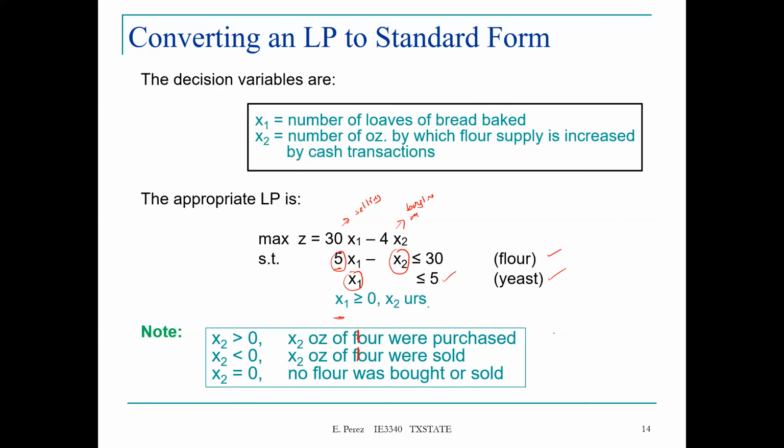Okay, so this decision variable x2 can be 0, can be positive, and can also be negative. So this decision variable is unrestricted in sign. When you define that in the formulation, you make x1 greater or equal to 0, but that decision variable in particular has no bounds. It could be negative, positive, or 0.